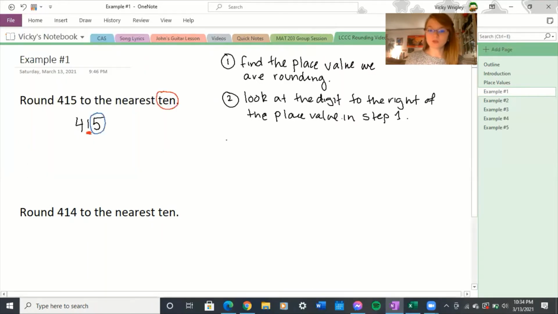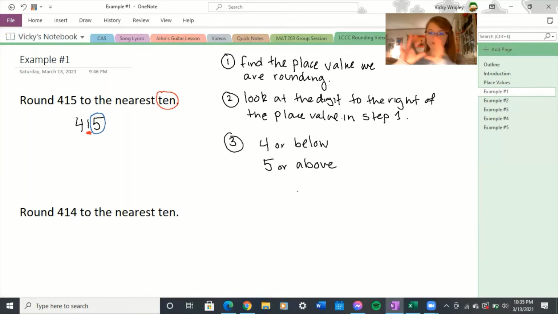Now, there's a rule. We're going to look at this guy and we're going to ask ourselves a question. Is this number 4 or below, or is it 5 or above? So is it 4 or less? Is it 0, 1, 2, 3, 4? Or is it 5 or above?